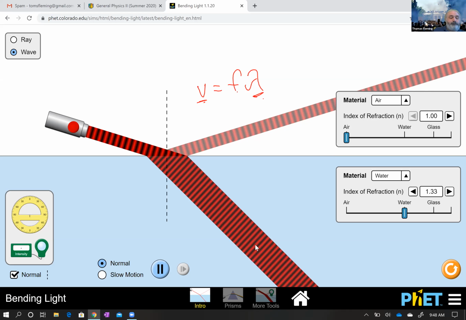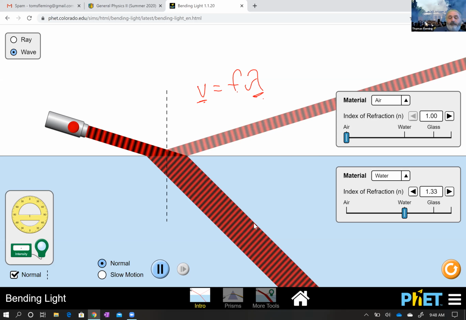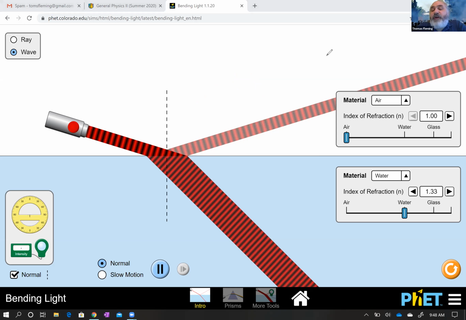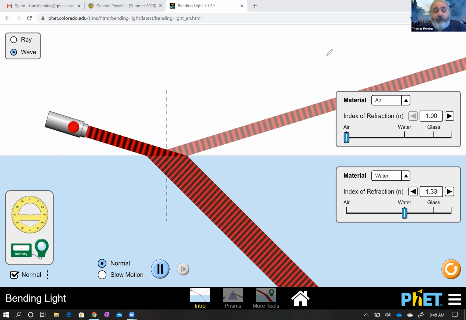So that's the big takeaway here, that this property of refraction occurs because the speed of light changes from one medium to another. Anytime you go between two different media with different speeds, you're going to get this bending effect. You're going to get this refraction effect.